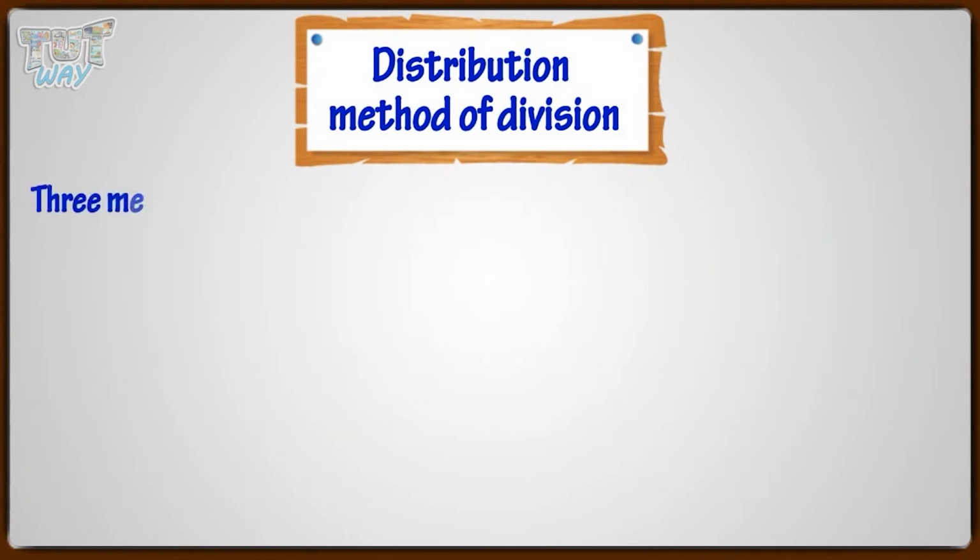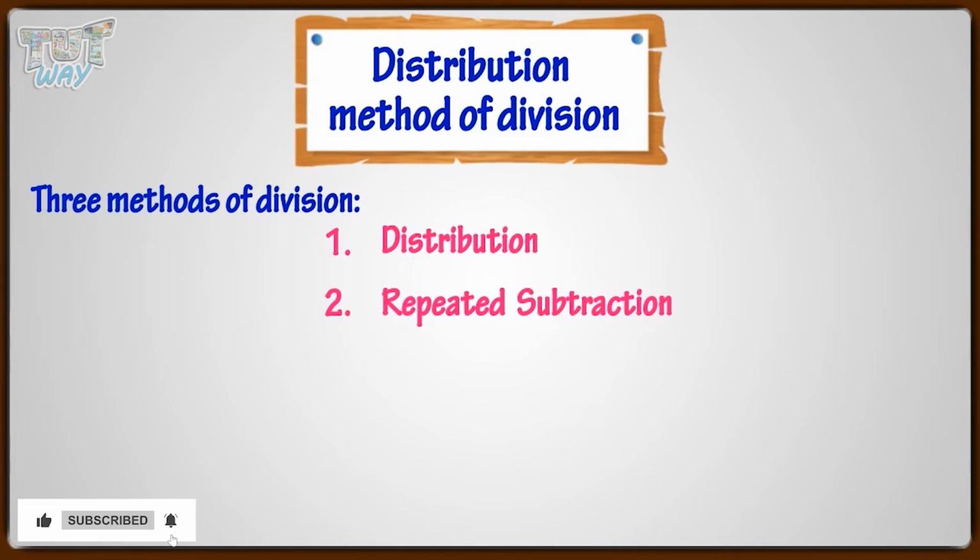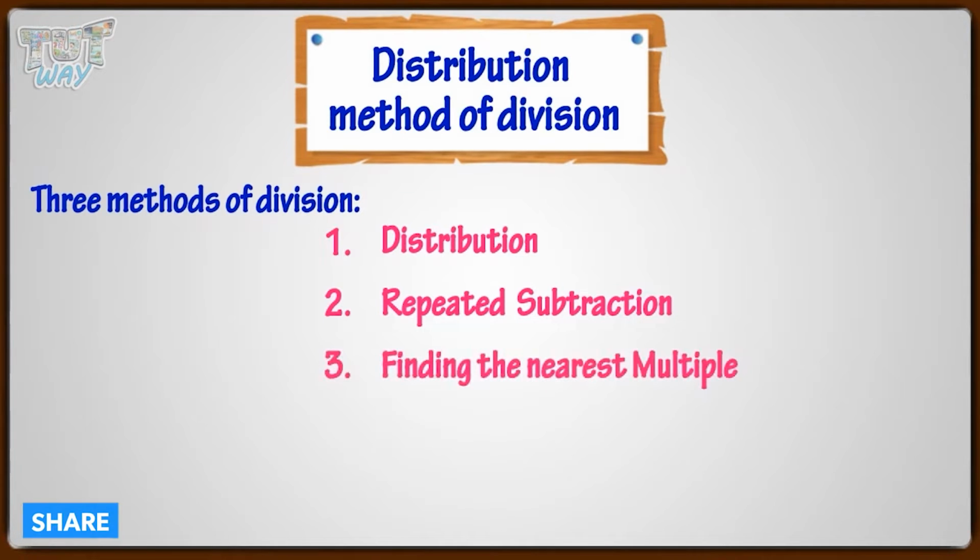Now we have learned 3 methods of division. One is the distribution, other is repeated subtraction, and the third is finding the nearest multiple. Now, let's learn another way.